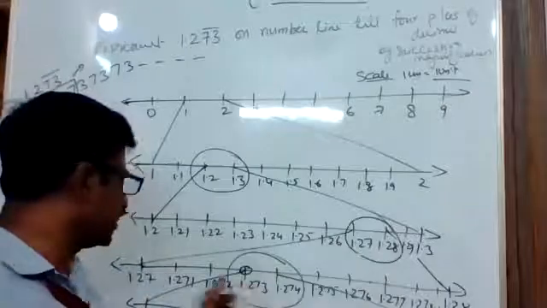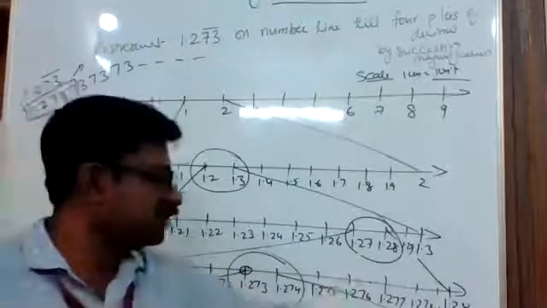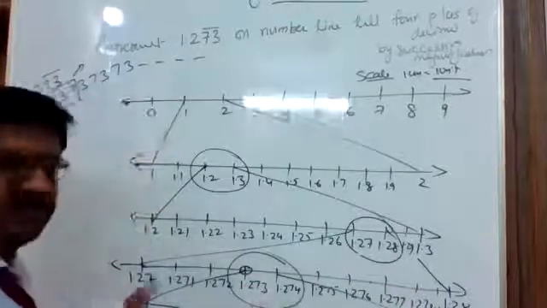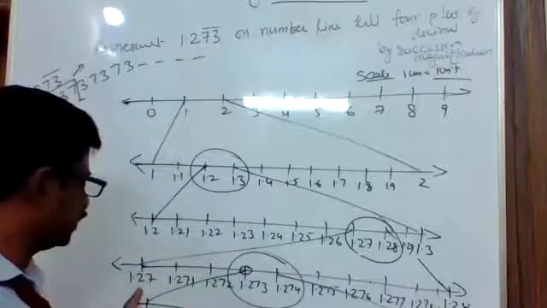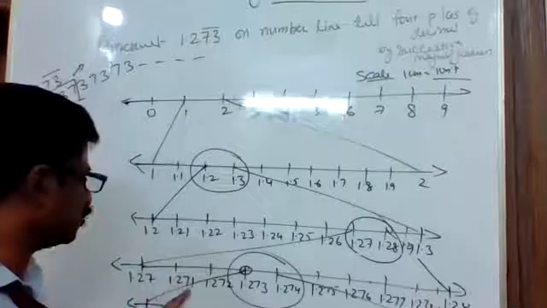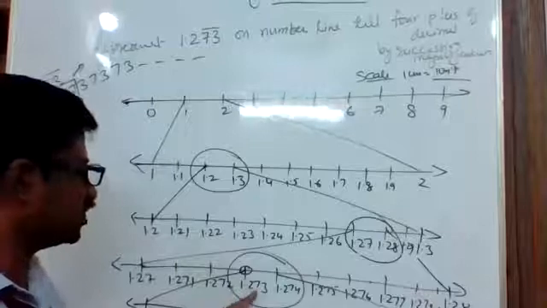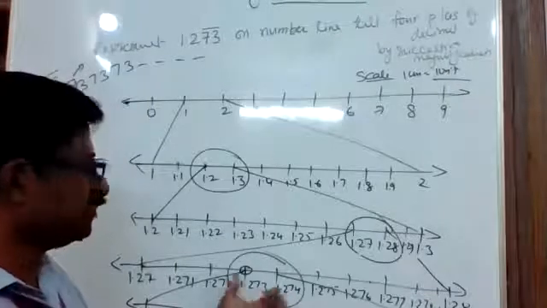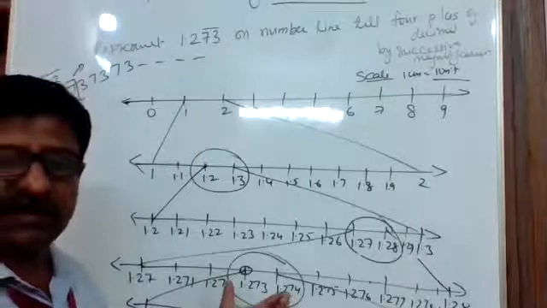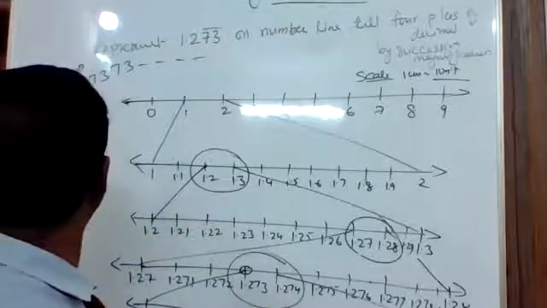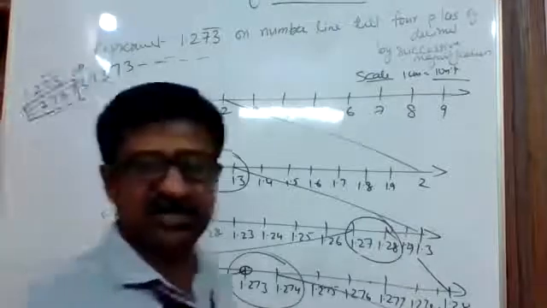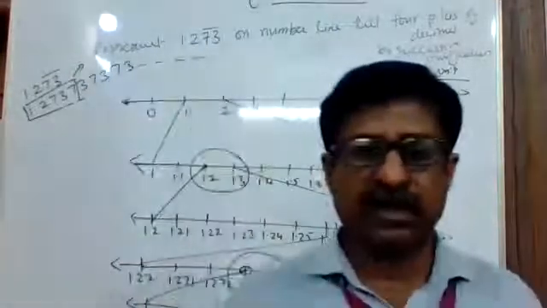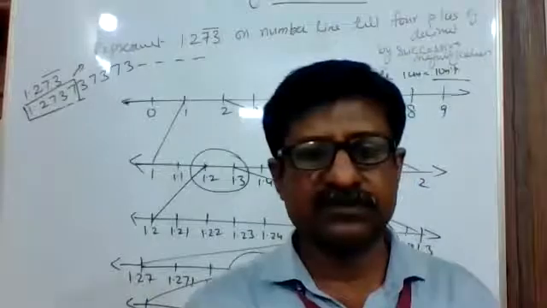Again, we have increased. 1.27 is here, 1.28 here, 1.27 means 1.270. The next will be 1.271, 1.272, this is 1.273, and this is 1.274. Further, we will use the magnifying glass and we will take the exact number whichever is expected from our question.